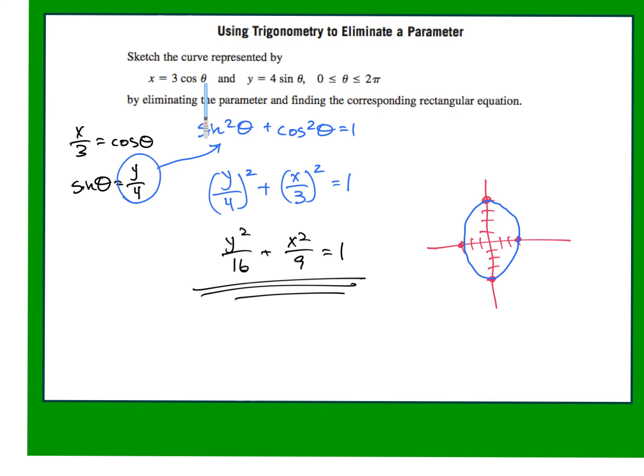Good. So my x is now 0. What's my y? My y is going to be 4. And so my orientation means it's going that way. And then guess what? It travels that way, and then that way, and then that way. All right? So that's actually the orientation of this ellipse.